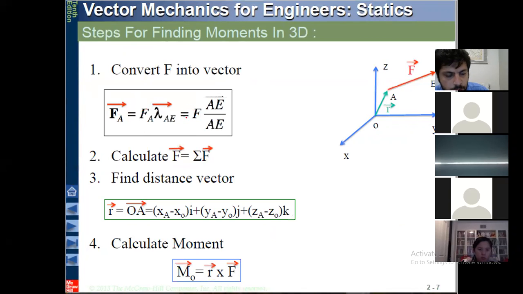When you want to find the moments in 3D, first you write each vector based on this equation, and then sum all the vectors up to get the total force, and then you calculate the distance vector or the position vector, and then calculate the moment.